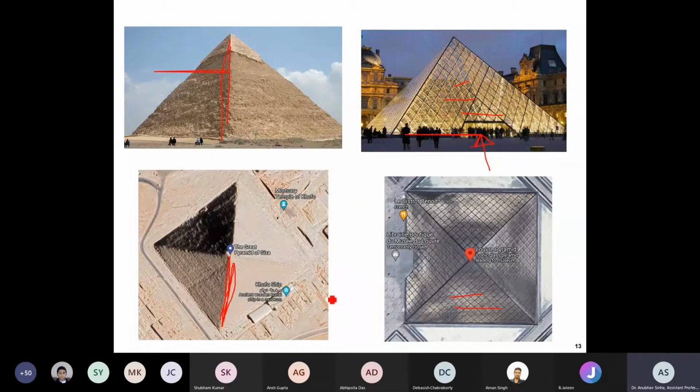I think if this is clear, then it should be logical for the next slide. Anyone who is not clear on this slide, what is the difference between these two images? Tell me. I will repeat again. If this is clear, then the rest of the lecture is quite straightforward.